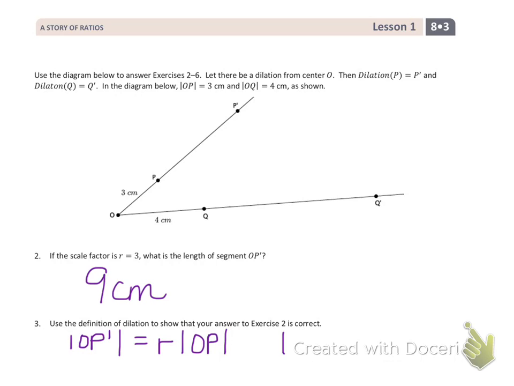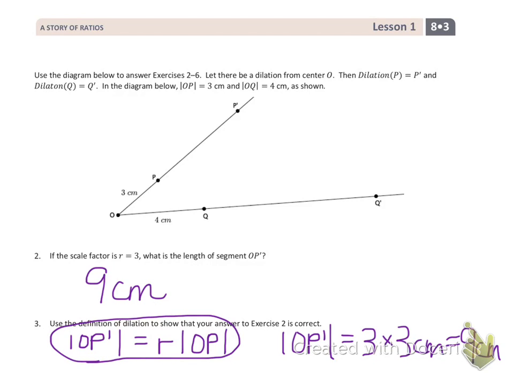Okay, so the length of OP prime is equal to the scale factor 3 times the length, which is 3 centimeters, and so that is 9 centimeters. So again, we're using this definition here for finding the dilated points.